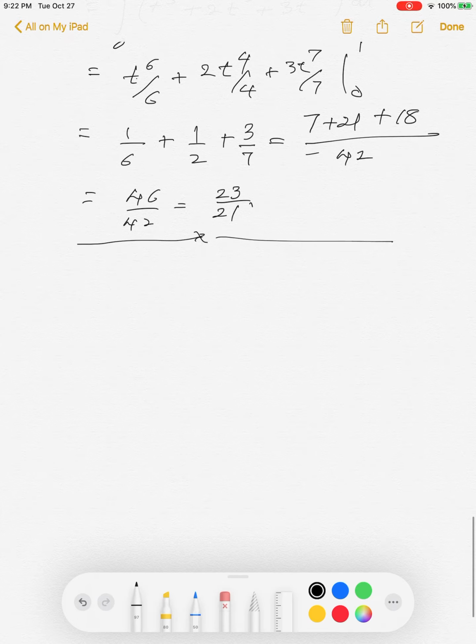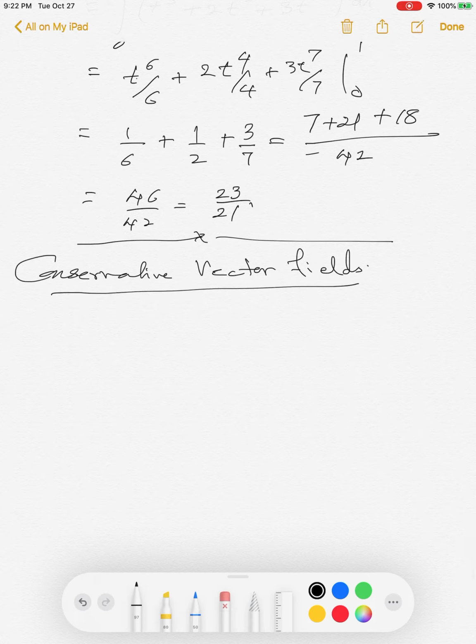line integral. So now we come to the next important thing, and that is the concept of a conservative vector field.